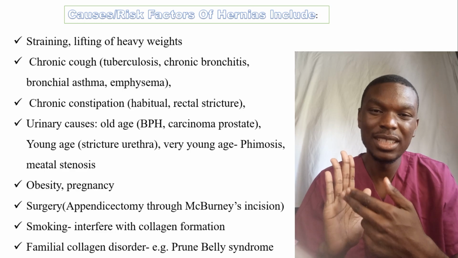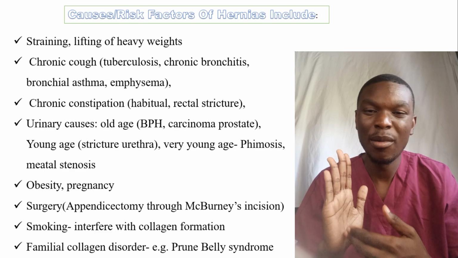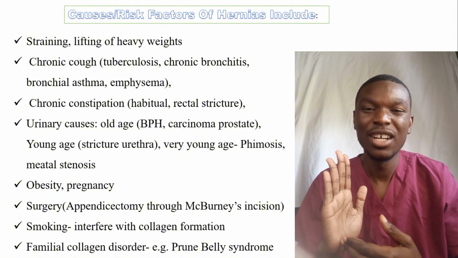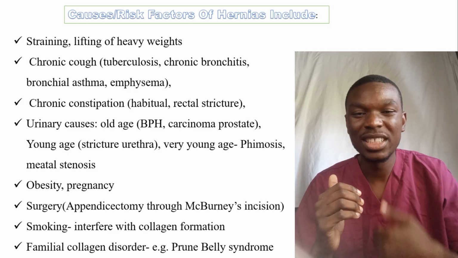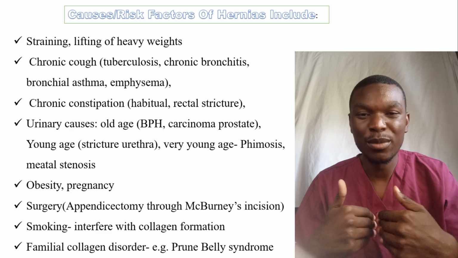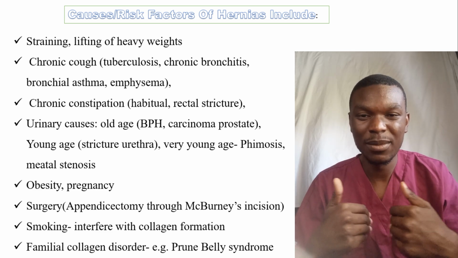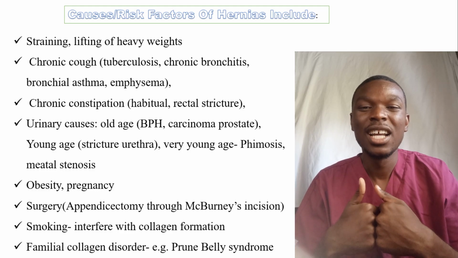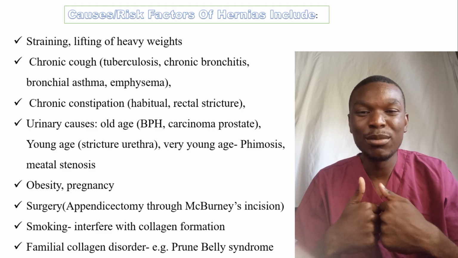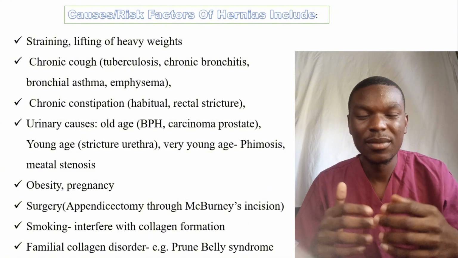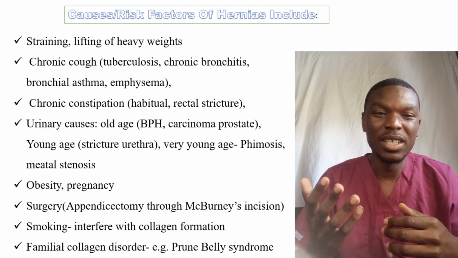Yes, they have sutured and the wound has healed, but because of that cut, it creates a weakness there. Or maybe they had abdominal surgery where they had opened the abdomen to fix or remove something. Because of that opening causes a weakness, and because of the increase in abdominal pressure, the organs start bulging through that weakness. Another cause would be smoking.